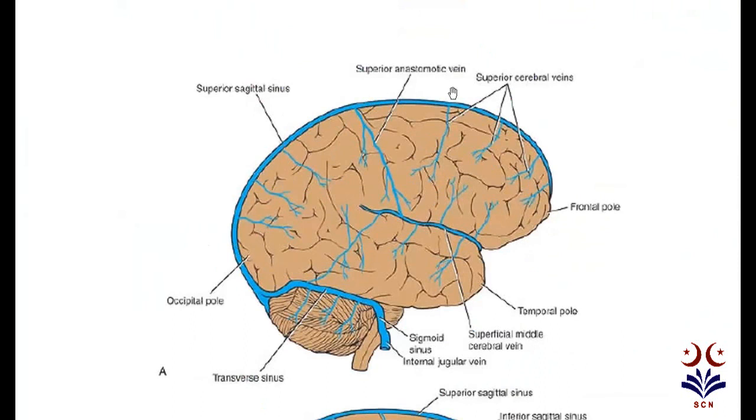Dural venous sinuses are formed by folds of the dura, lined with endothelium and valveless, with no muscle in their walls, and they contain venous blood. This is the superior sagittal sinus. Then shown are the superior cerebral veins, and the occipital pole.